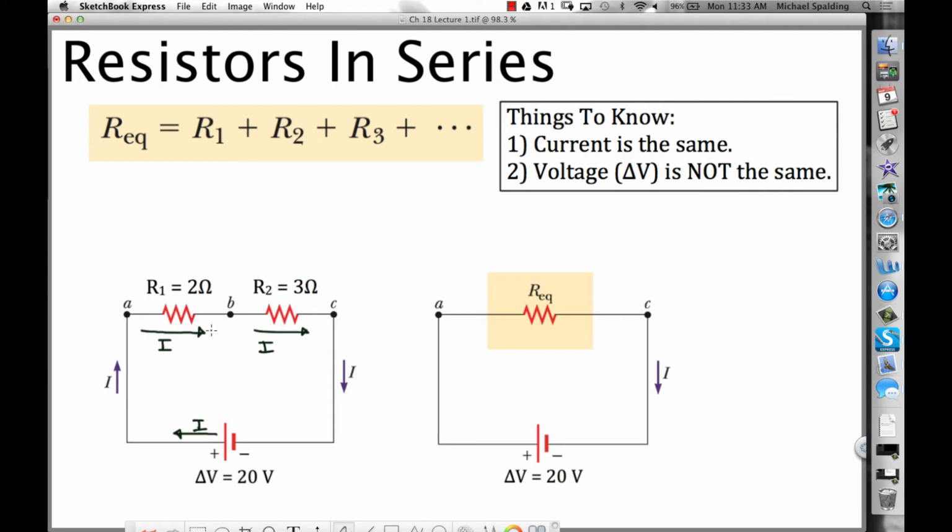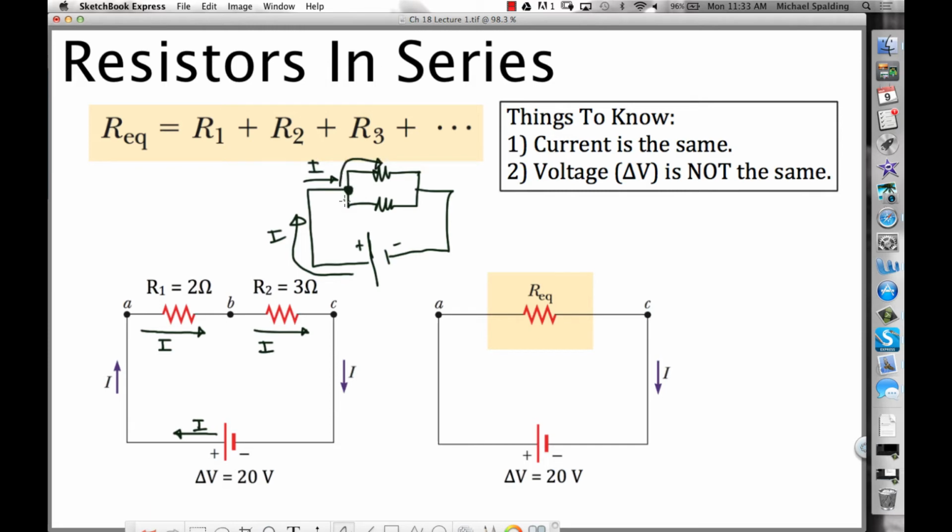Real quickly, I want to show you what tomorrow is going to be. Tomorrow we're going to look at resistors in parallel. So here's a battery and here are two resistors. These resistors are said to be in parallel because look what happens. Current comes out of the battery, and what happens to that current when it reaches this point right here?